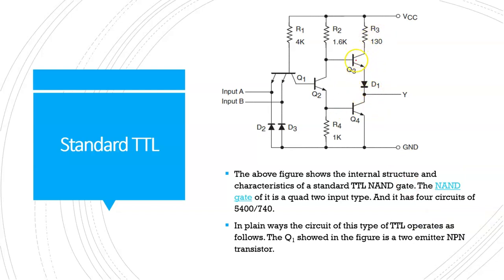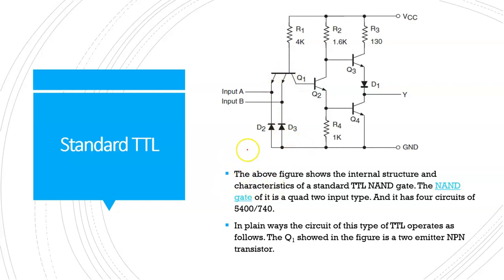This is the pull-up circuit, and this is the pull-down circuit. The middle portion is the phase splitter, which splits the output, and at the start you have the multi-emitter transistor, which takes the inputs here.